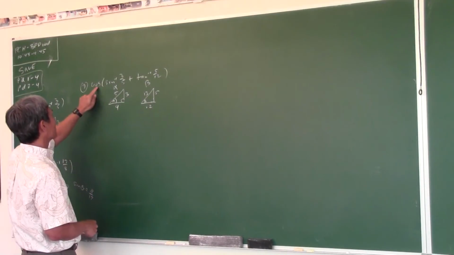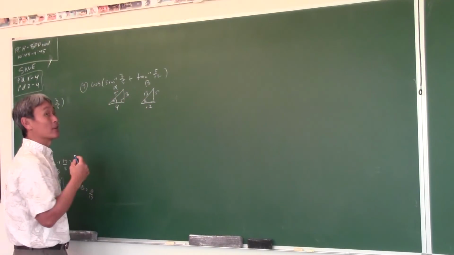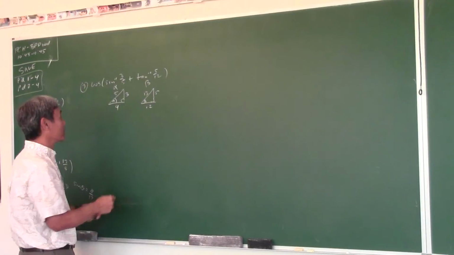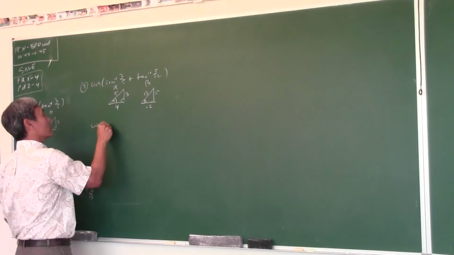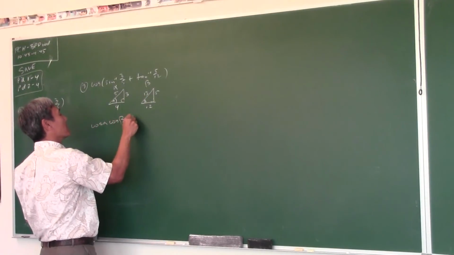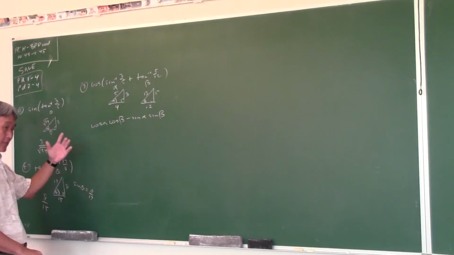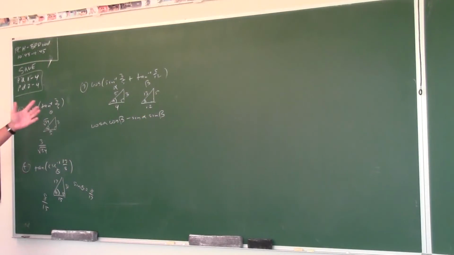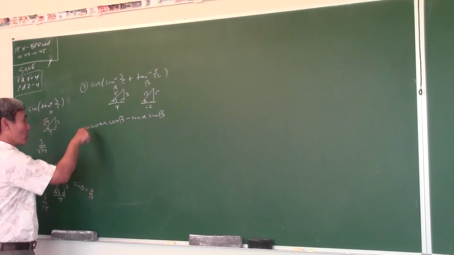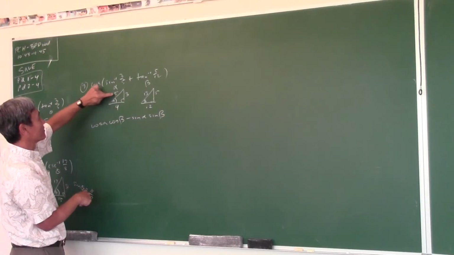Now, how do you take the cosine of something plus something? You gotta use the identity. Do not distribute. Cosine of the first, cosine of the second, minus sine of the first, sine of the second. So you regurgitate the identities, and then you just look at the triangles that you drew. Cosine of alpha, adjacent over hypotenuse.